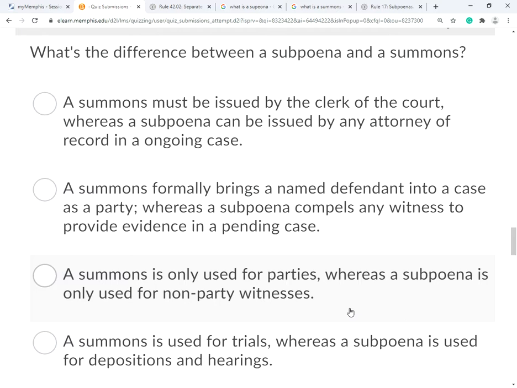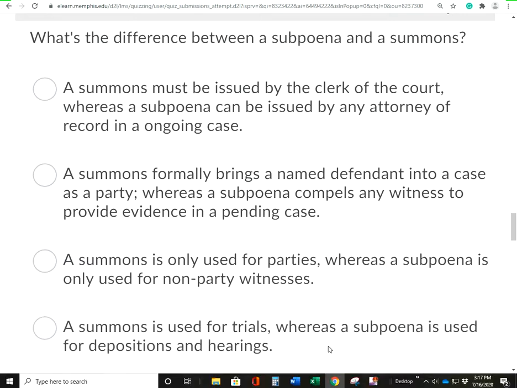And the last answer that we can select from: a summons is used for trials, whereas a subpoena is used for depositions and hearings. That actually looks like it could be the correct answer. A summons is used to let somebody know that you're being summoned to come to court on this date, this time, and this is what you're being sued for, whereas a subpoena is used for depositions and hearings.